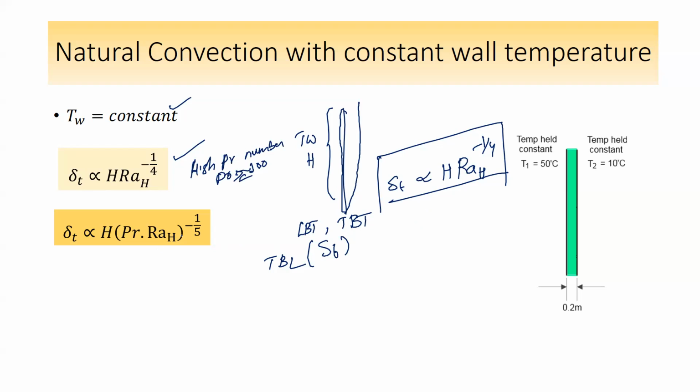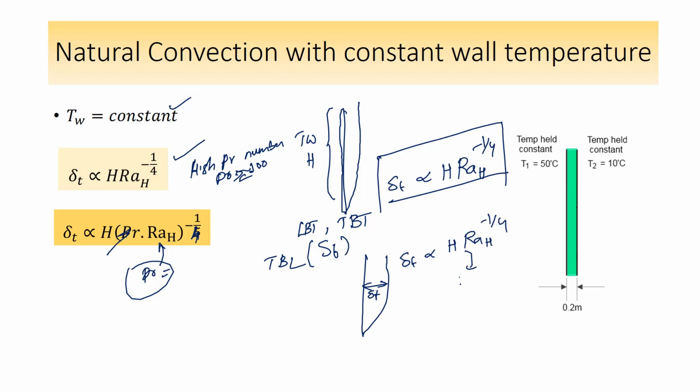But when it comes to lower Prandtl numbers, then this becomes significant. Please note that this is minus 1 by 4. So the Prandtl number term also forms it. So delta T, which is this thermal boundary layer thickness, is actually a function of H as well as Rayleigh number raised to minus 1.